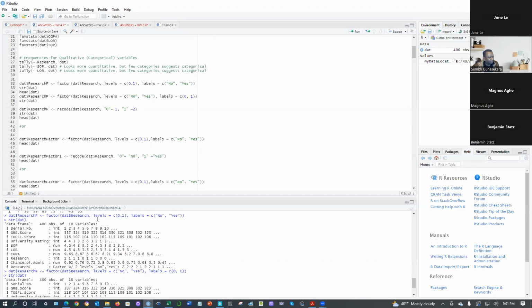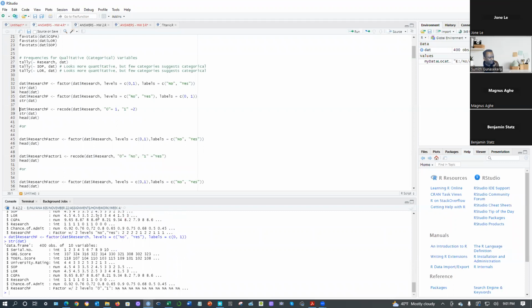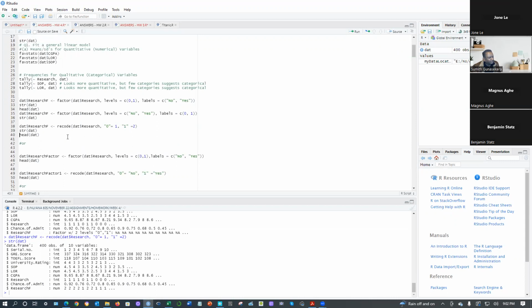Factor, integer, numeric. I'm talking about the research variable, integer 1 0. This is another way: look at 1 and 2. If you do that, what happens? Research factor with 1 and 2, and 0 will be replaced by that. Still numeric.